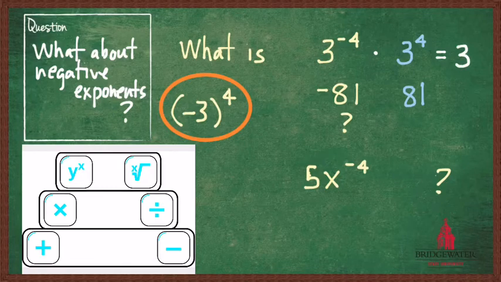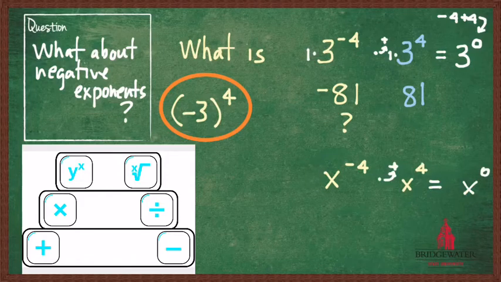What happens to the exponents when you multiply two monomials? Add them together. So what exponent is going to go on my 3 here? Negative 4 plus 4. What's negative 4 plus 4? Wouldn't it be 0?